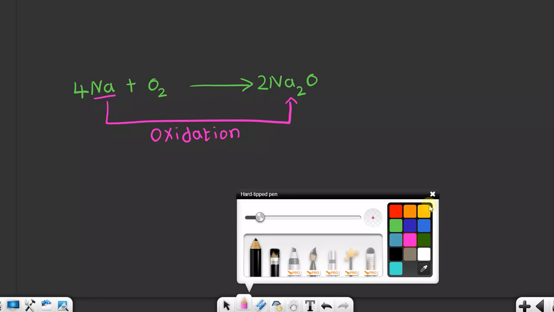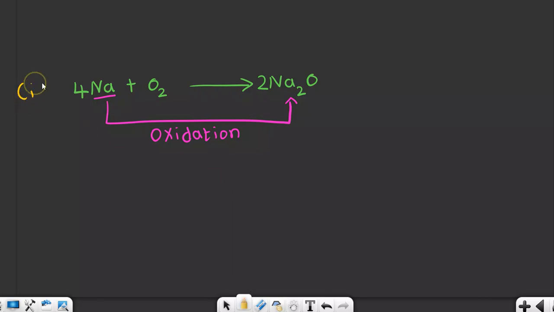Now the second one is copper oxide plus H2 gives copper plus water. We have already done this.